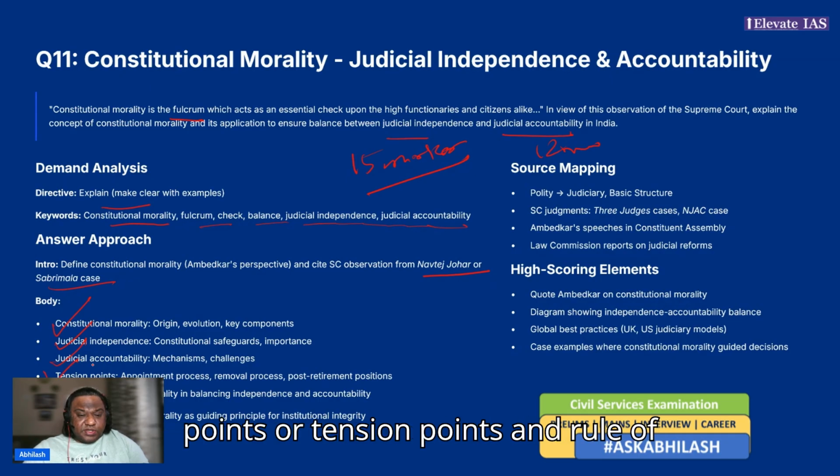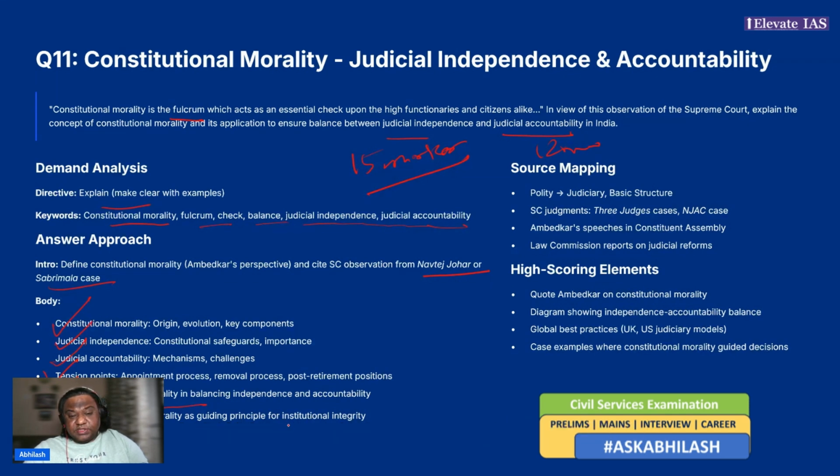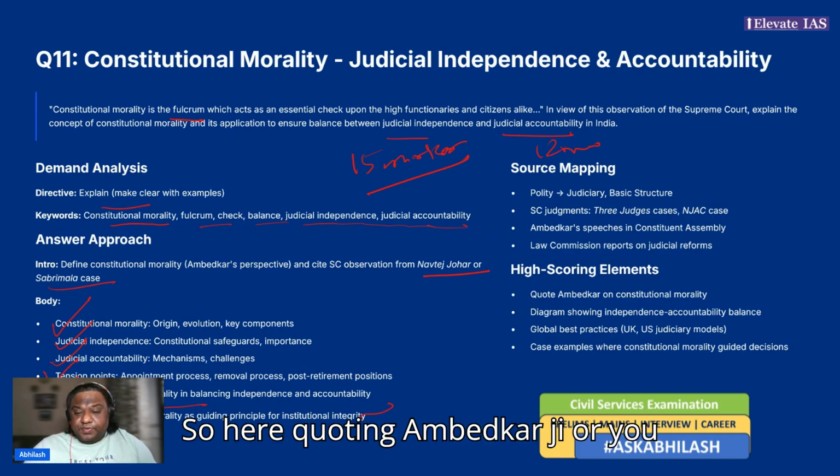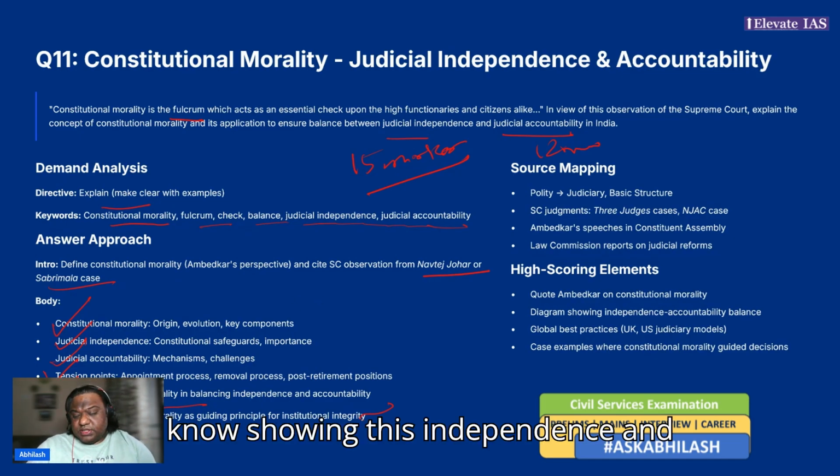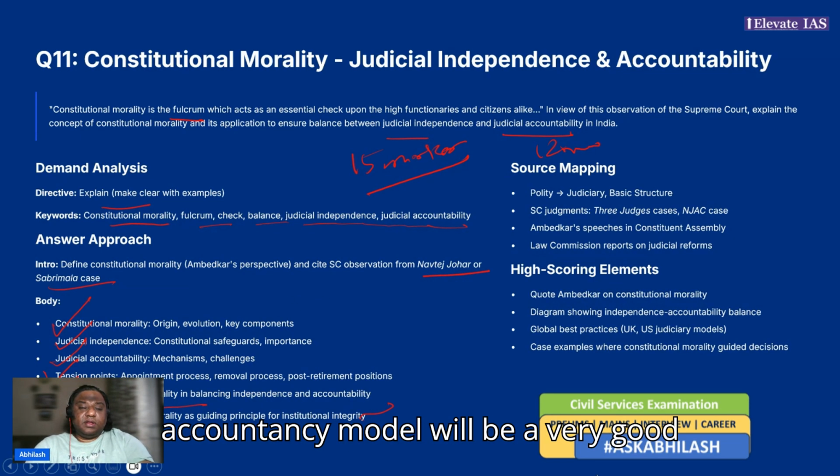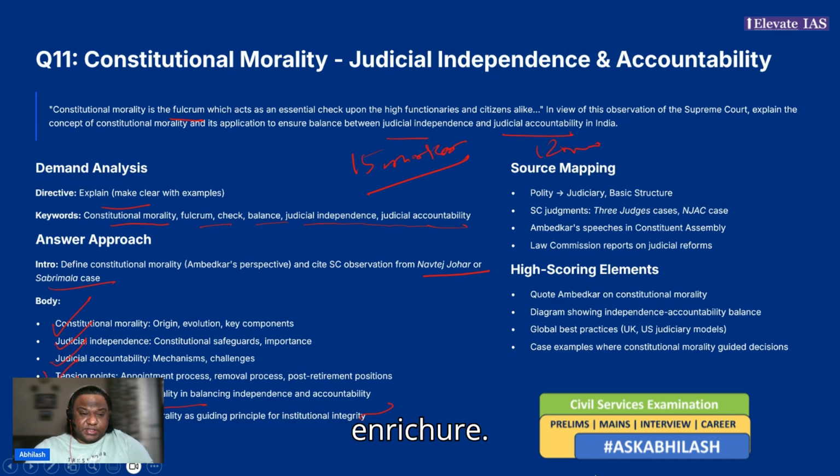What are the conflict or tension points, and the role of constitutional morality. The conclusion is constitutional morality as a guiding principle for institutional utility. Here, quoting Ambedkar ji or showing this independence and accountability model will be a very good enricher.